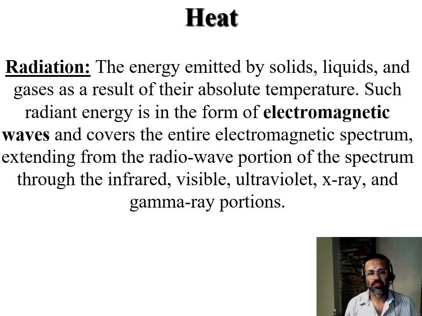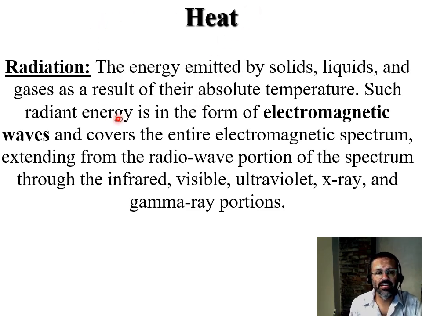So radiation is the energy emitted by solids, liquids, and gases as a result of their absolute temperature. By absolute temperature, we're talking about their temperature based upon the Kelvin scale, because absolute 0 is 0 Kelvin, right? Which is minus 273 Celsius.